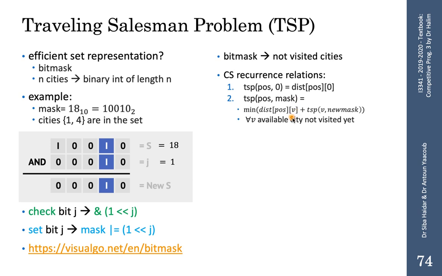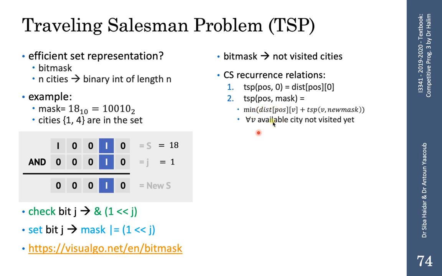If I continue my way from this city V, then I will have to calculate the distance from the current position to V, and then in a recursive way, I will add TSP from V, marking the new mask, which will mark the not yet visited cities.